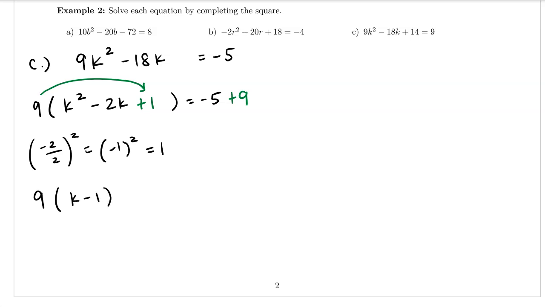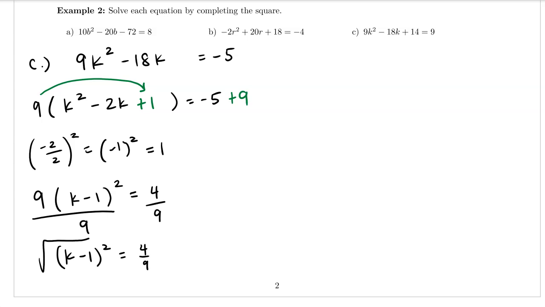So then we get 9 times the expression inside of our parentheses. We'll factor into (k minus 1) squared is equal to 4. Then I can divide both sides by 9, and we get (k minus 1) quantity squared is equal to 4/9. If I take the square root of both sides, we get k minus 1 is equal to positive 2/3, and then k minus 1 is equal to negative 2/3.